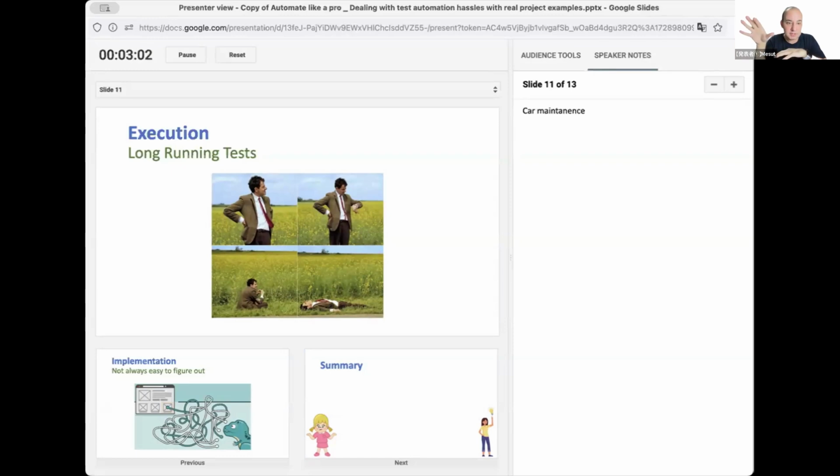So it should be very fast. If the tests are slow, then we are slowing down the pipeline. So what we can do is divide the whole set into subsets. If we have subsets, we can run all of them in parallel.